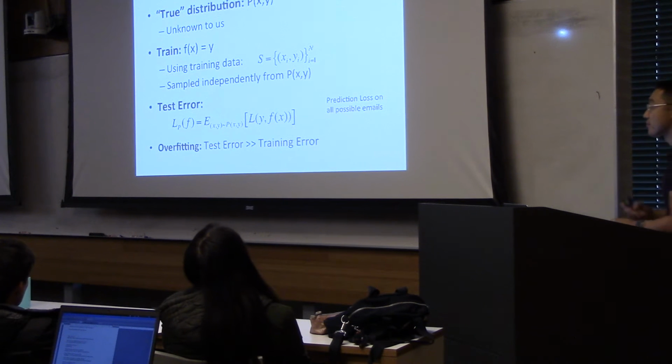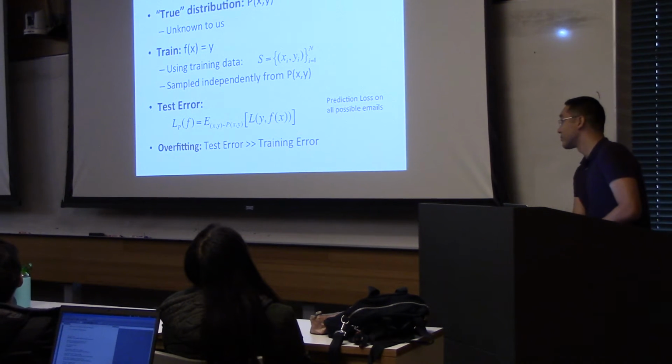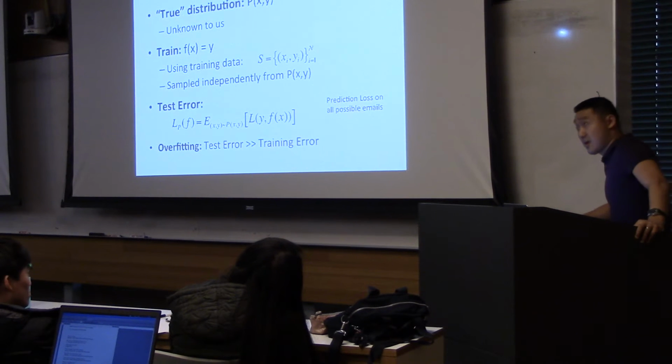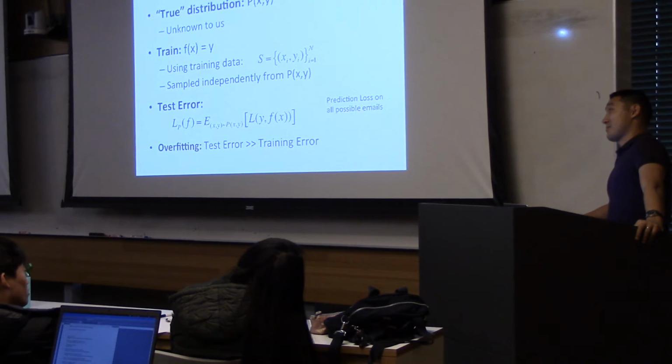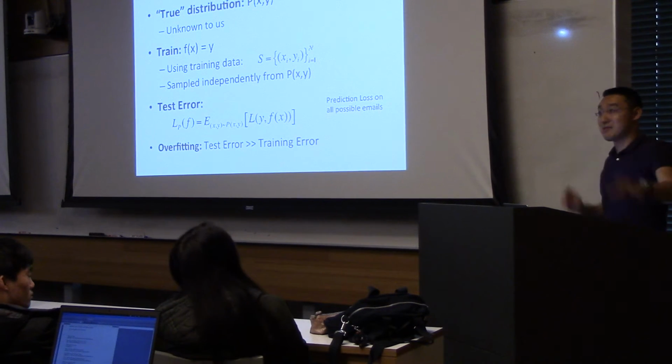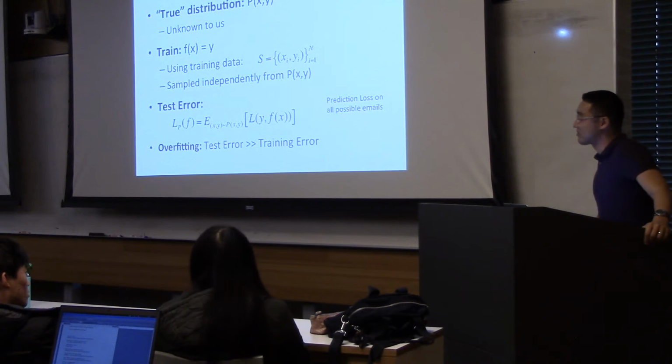Yeah? Can it happen that the quality is reversed, like test error is smaller than training error, for example? The answer is complicated. Depends on how detailed the answer is. So in general, people don't think of that case.